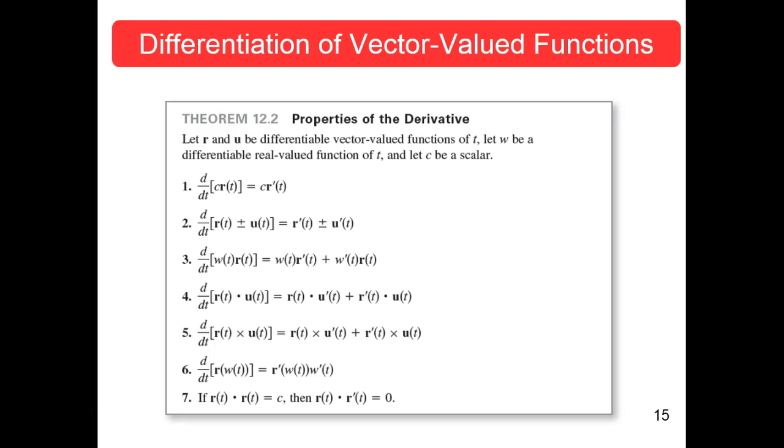This one, a little bit does matter. Okay? So the derivative of a cross product, which gives you a vector answer, is r of t cross derivative of u of t, plus derivative of r of t cross u of t. Okay.